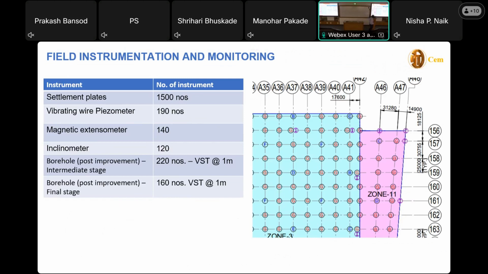And you see the intermediate boreholes: during construction, at each stage there were boreholes, around 220 boreholes we have done with the SPT at 1 meter center. And after improvement, we have done 160 boreholes.